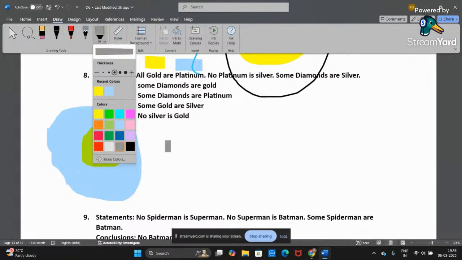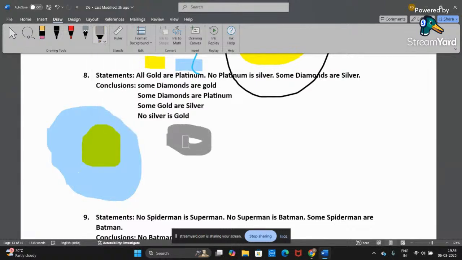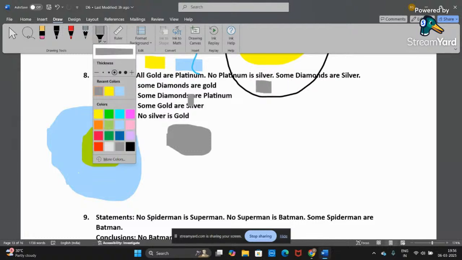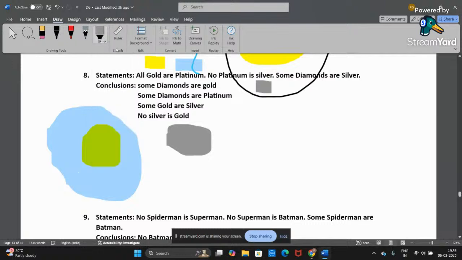Let's take this gray as silver. This platinum color looks somewhat light blue. Let's take it as blue. Okay, let's consider this blue color as platinum, yellow as gold, and this gray as silver. Here the statement they have given is no platinum is silver.